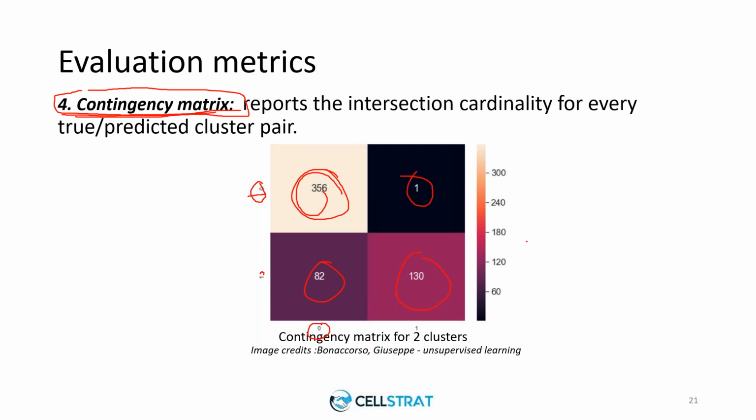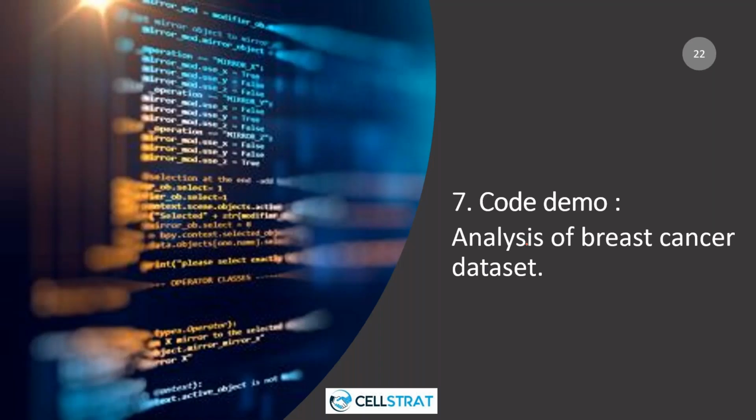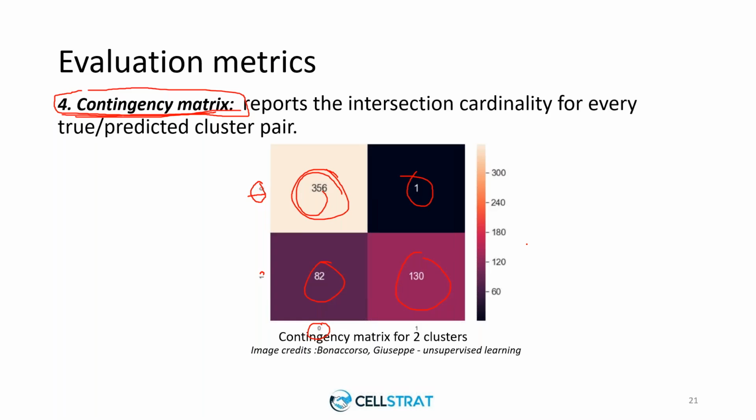Any doubts on this before we go to the code demo? So it's like a confusion matrix. Yeah, it's an equivalent to the confusion matrix. There it was with respect to classification. Here it's with respect to clustering. And you can have n number of clusters here.